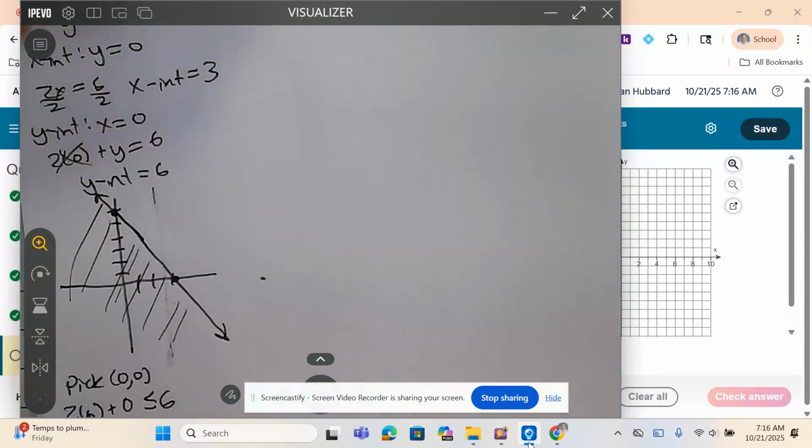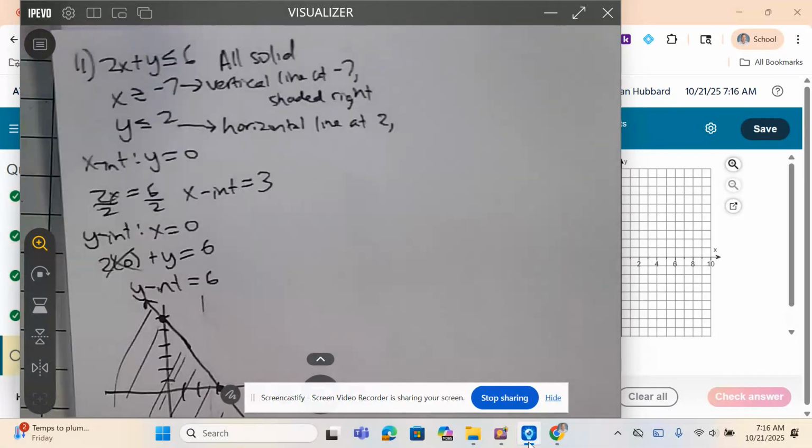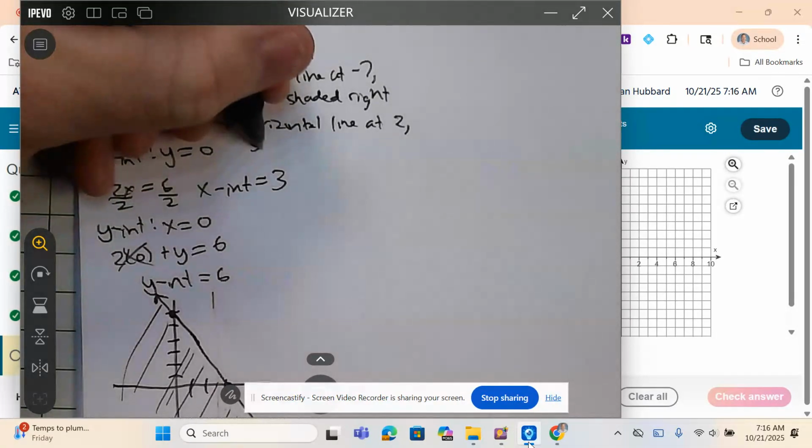This is a vertical line at -7. And if it's greater than, it's going to be shaded right. This is a horizontal line: y at 2. And if it's less than, shaded below.